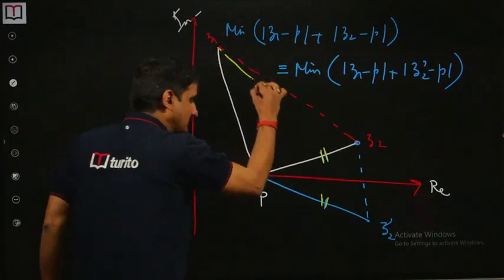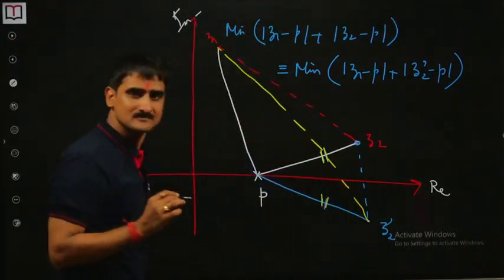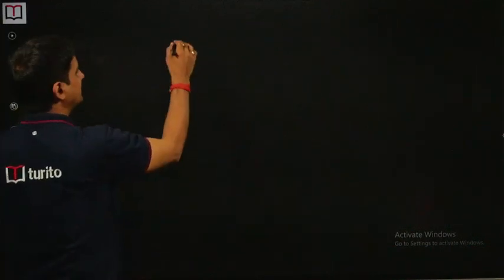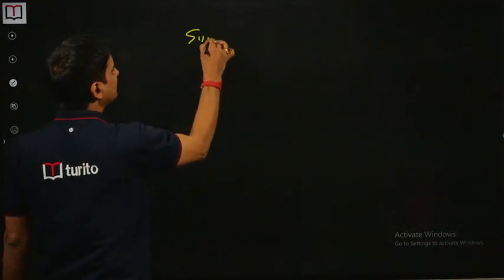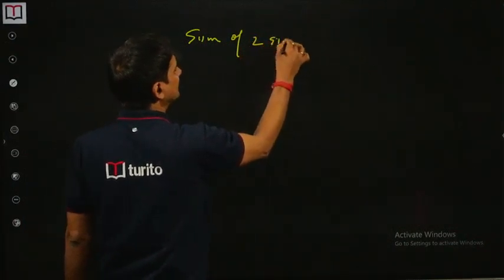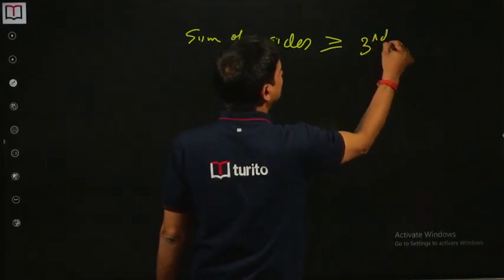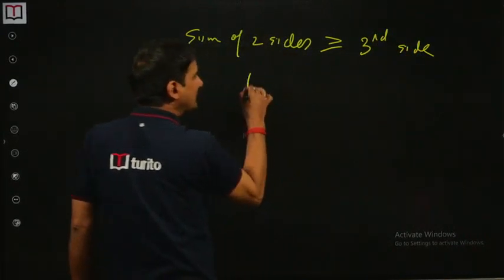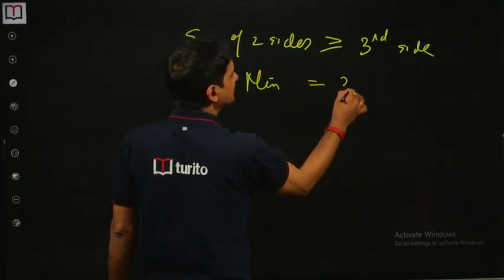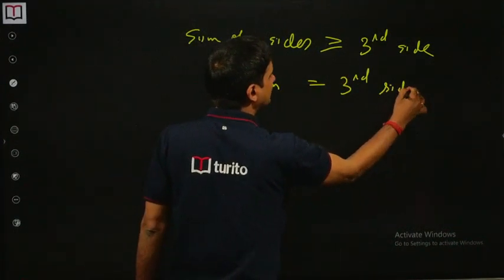Why? Because if you join it, using the triangle inequality we know the sum of two sides is always greater than or equal to the third side. So the minimum value will be equal to the third side.